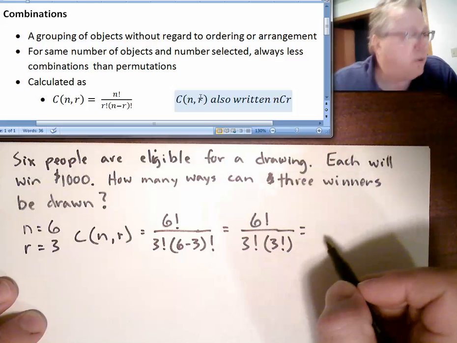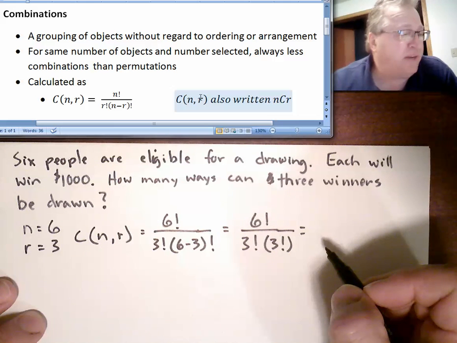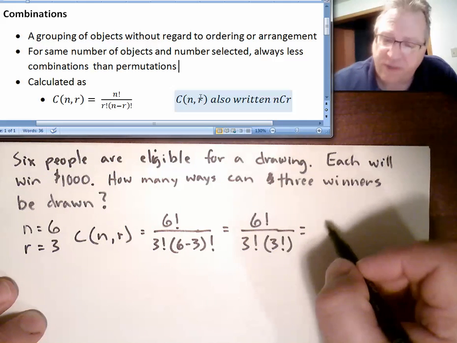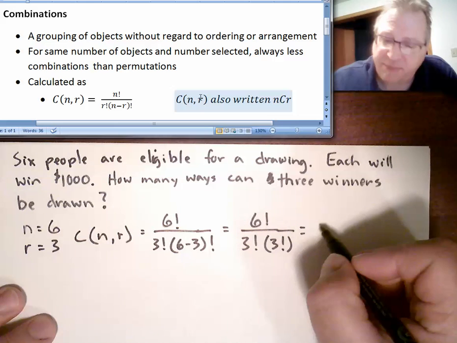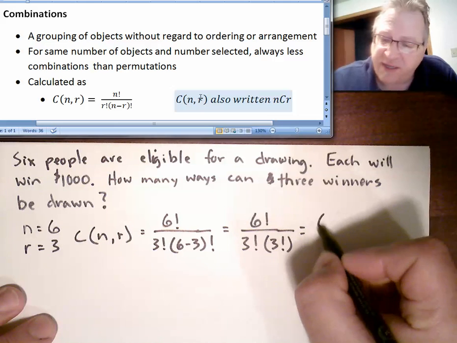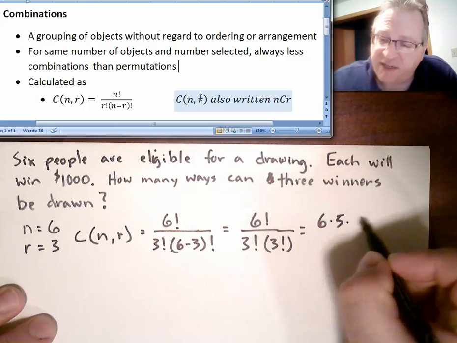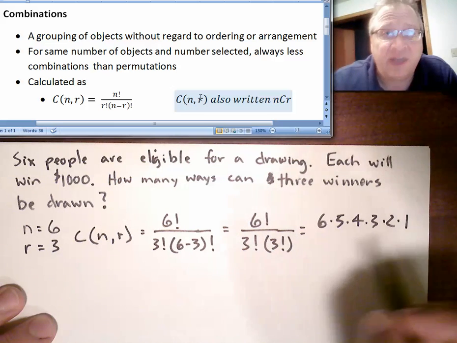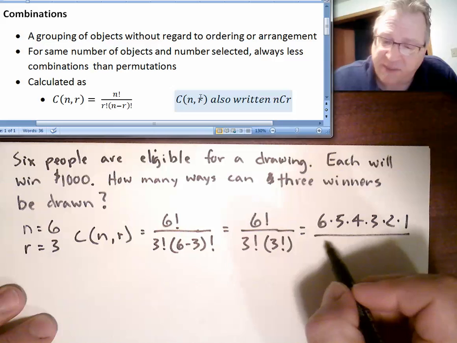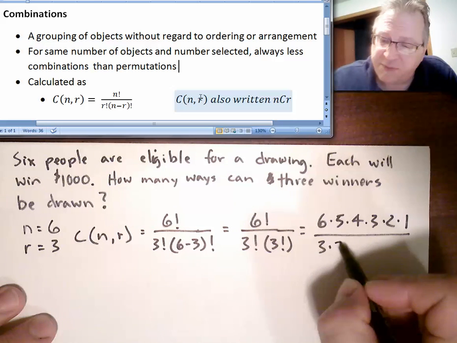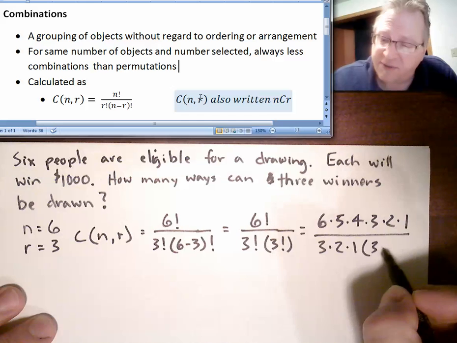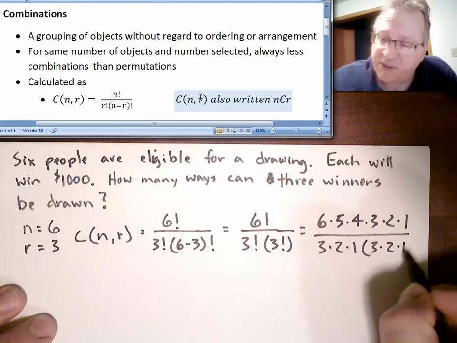And now we can begin to write things out. This would be 6 times 5 times 4 times 3 times 2 times 1 divided by 3 times 2 times 1 times 3 times 2 times 1.